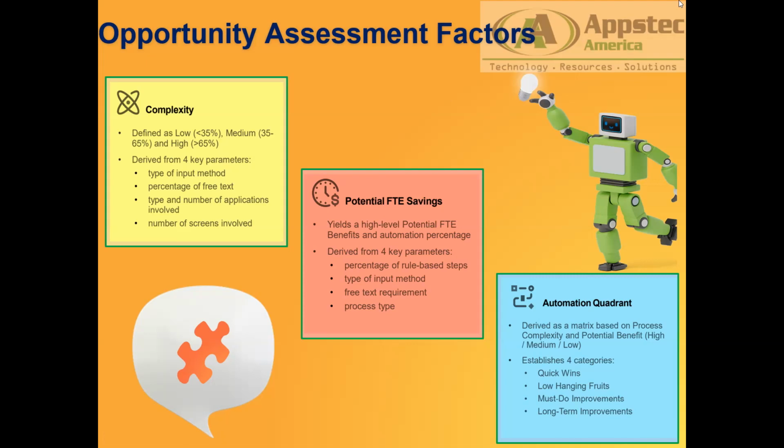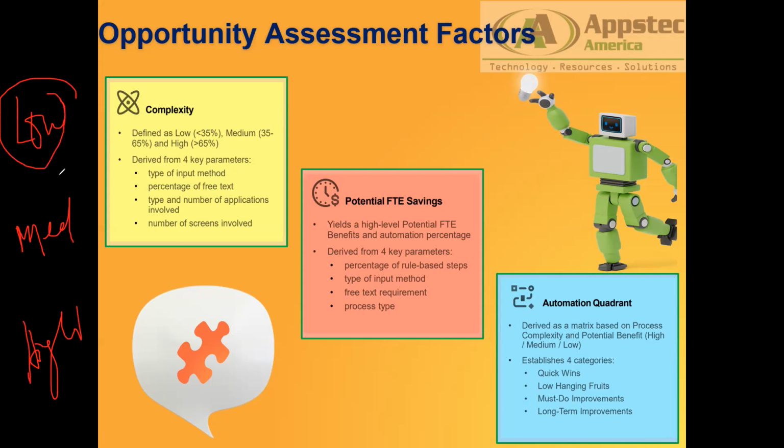There are three complexities generally utilized as part of your RPA COE process: low complexity, medium complexity, and high complexity. These are the three types of complexity in which I can put each of the processes that I'm going to evaluate.